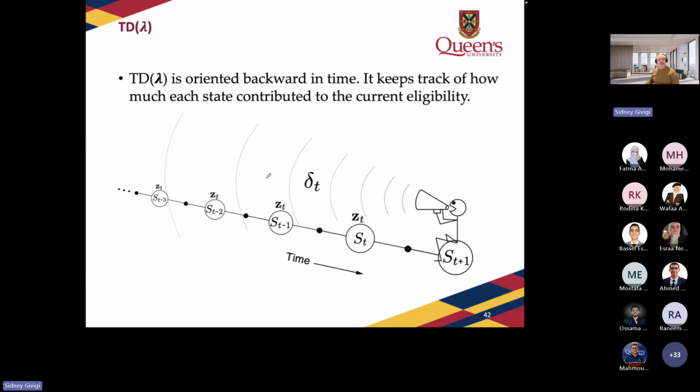So what we can see is that we have this TD error that is propagated into the past. And here since this is a causal system, we can implement this at this particular moment in time, and then we can use this information to do our updates.